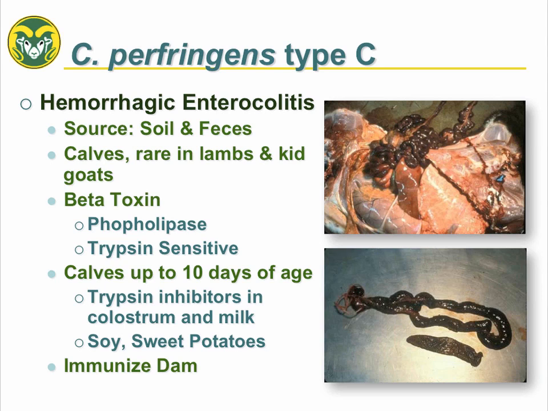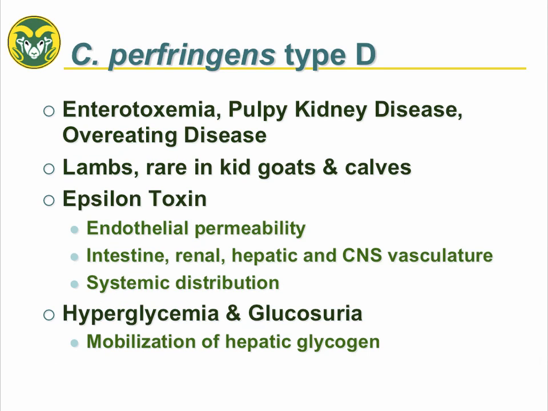Soy and sweet potatoes can have trypsin inhibitors in them, but this isn't something you'd typically be feeding to a calf. It potentially could allow this organism to overgrow in an adult animal, but unlikely. Immunize the dam, that's the key on this one. The antibodies in the colostrum, that early milk, are what's really protective for these calves.